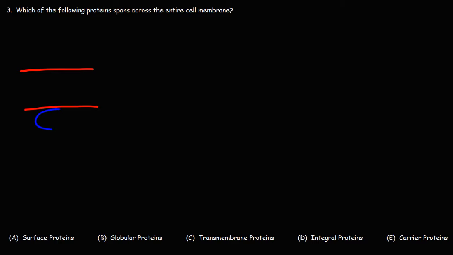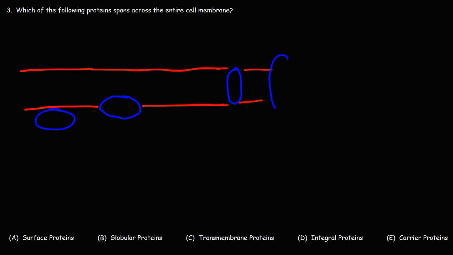So this would be a surface protein. This would be a globular protein. And it's also a peripheral protein because it sticks out of the membrane but doesn't pass through it. This would be an integral protein. And this would be a transmembrane protein.